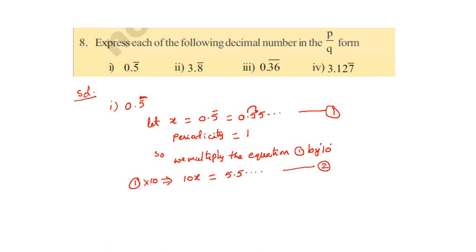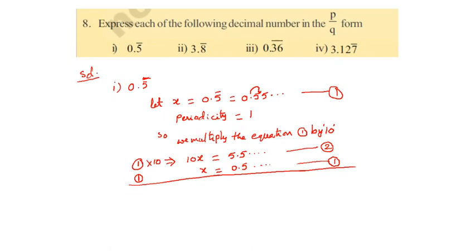Now you write after equation 2, equation 1 without any change. That means x is equal to 0.5 etc. This is equation 1. Now you subtract equation 1 from equation 2.